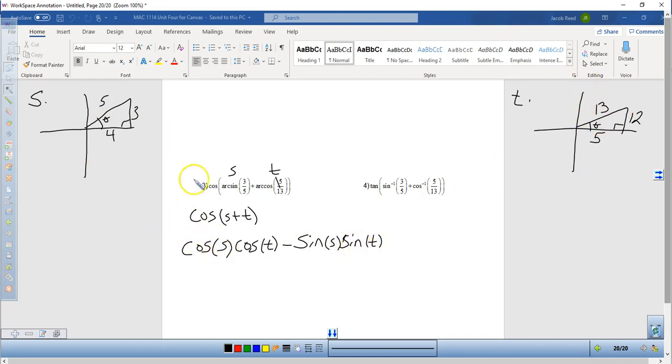So whatever the letter is, that just corresponds to what graph we're going to use to find that particular ratio. So cosine s, so I'm looking at s, cosine from theta is 4/5. Now I need cosine from the t graph. That's going to be 5/13. Minus sine from the s graph, 3/5. Sine from the t graph, 12/13.